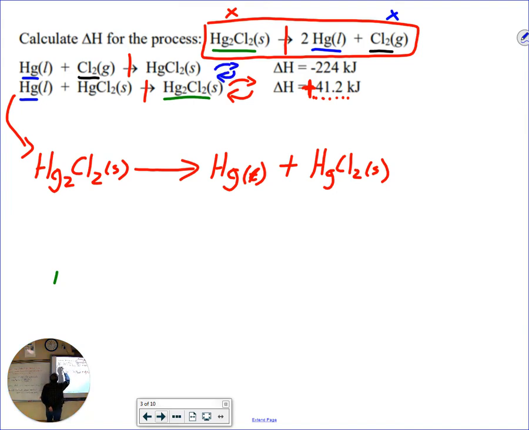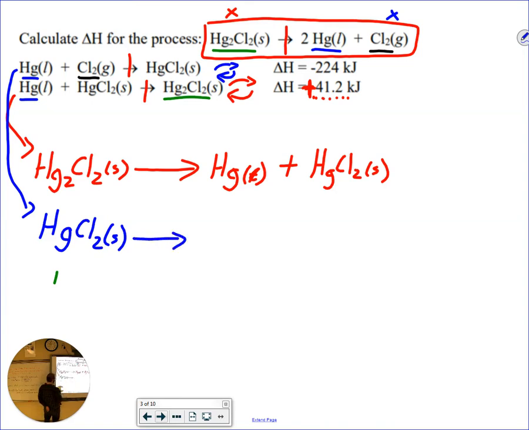So when I flip it around, it's going to be HgCl2 solid yields Hg liquid plus Cl2 gas. And again, because I flipped this around, that was a negative number, it becomes a positive.